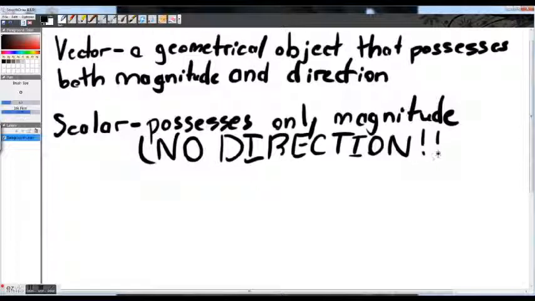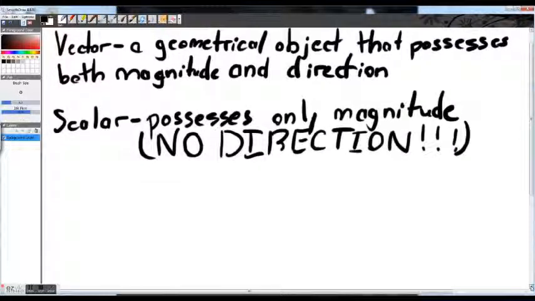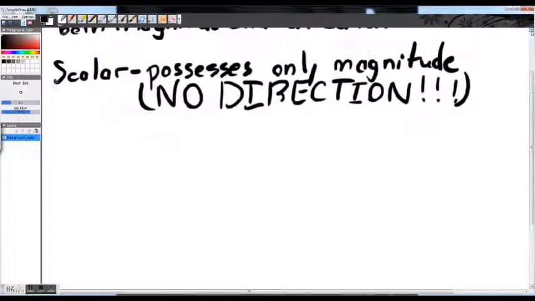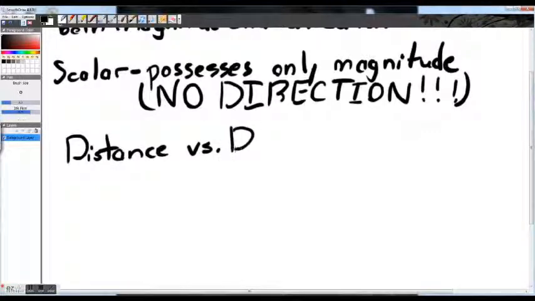Okay, now the first set of terms we're going to look at will be distance and displacement. And we're going to define the distinction between the two of them.